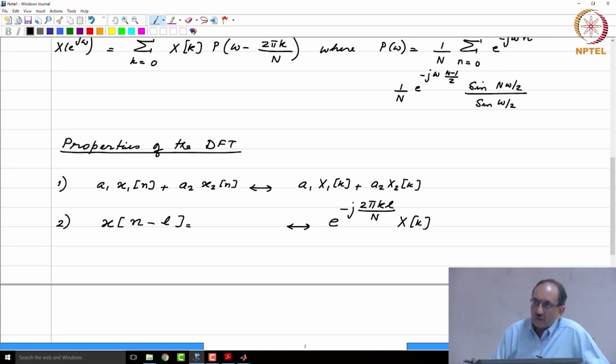Therefore, any index is really index mod N. Therefore, this is really x of n minus L, but n minus L mod N. Alright. So, what does this mean?